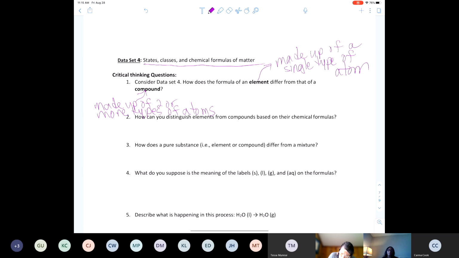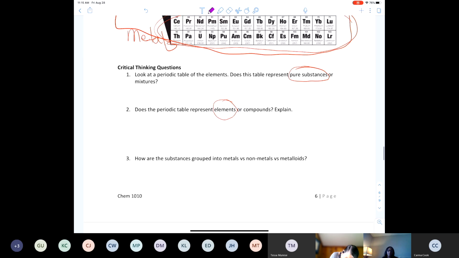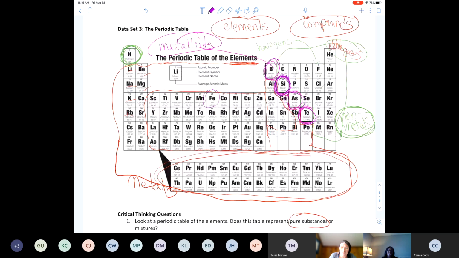So therefore, if I'm talking about a single type of element, like for example, iron, iron's formula is Fe.